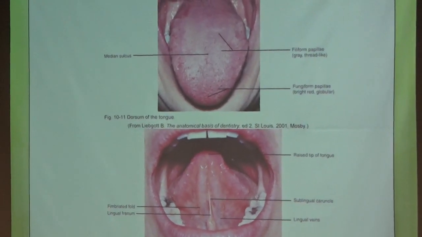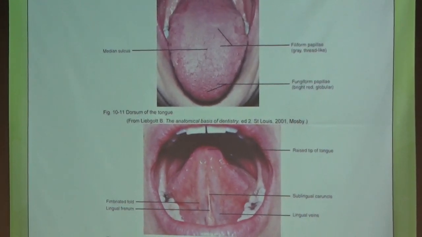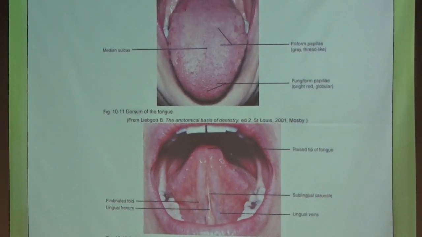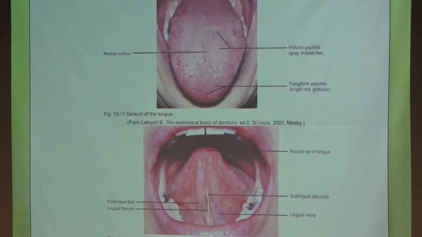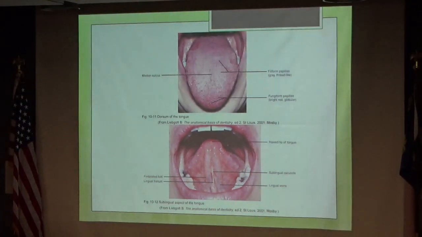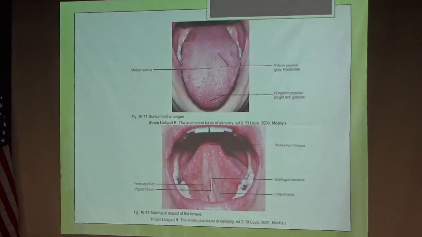So the lingual side of the mouth is the tongue side of the mouth. And we'll talk about the tooth and the tooth surfaces. Every tooth has a lingual surface, and that's the side of the tooth that touches the tongue. So whenever you hear an instructor or anyone in the dental office referring to the lingual surface, it's always referring to the back side or the side that's on the tongue side.